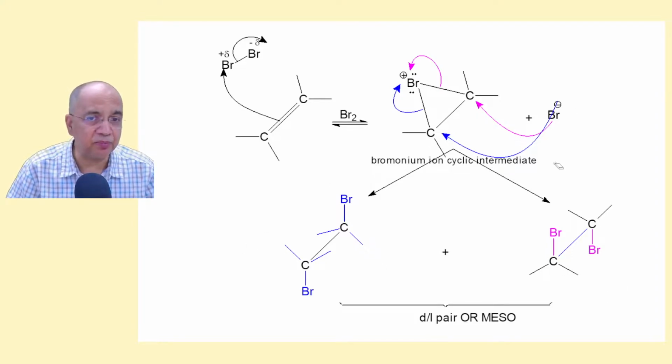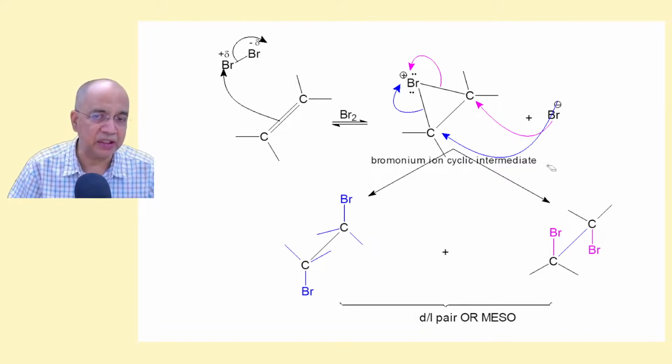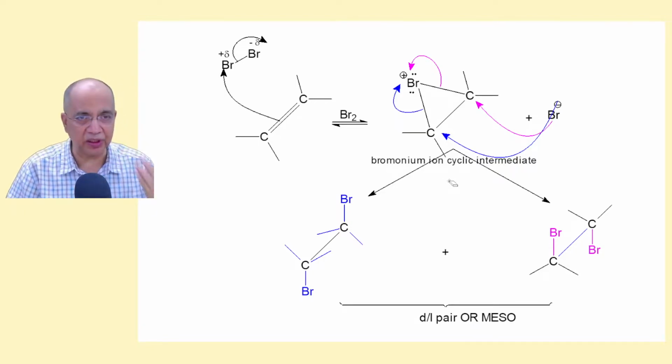And the other possibility is the bromide can attack the other carbon, and consequently this bond will break, not this bond, so that this bromine is below and this bromine is above. So there are two possibilities, maybe equal possibilities if it is a symmetrical alkene, or else there will be unequal possibilities that we shall discuss later.